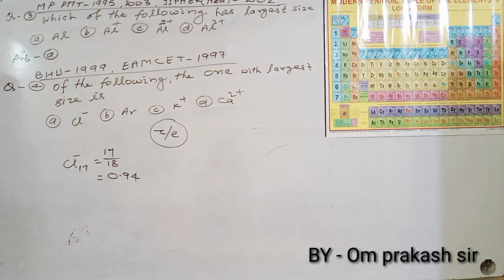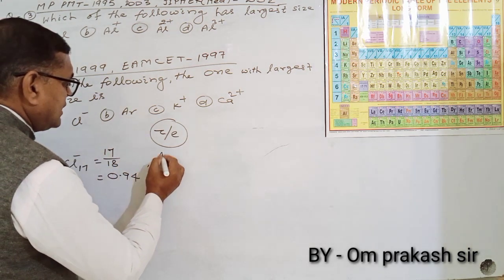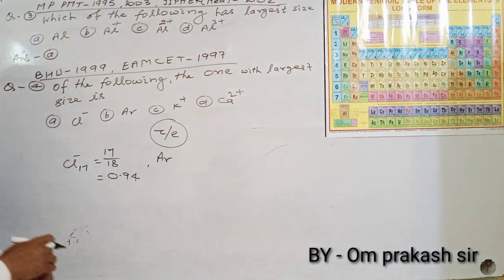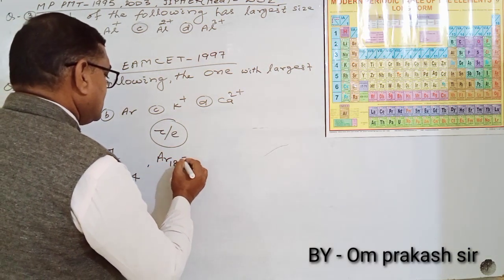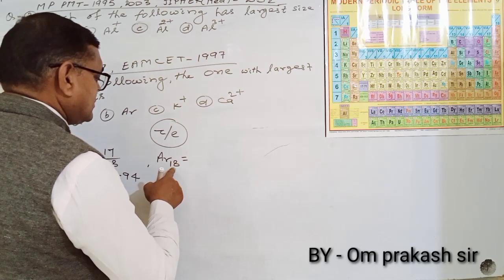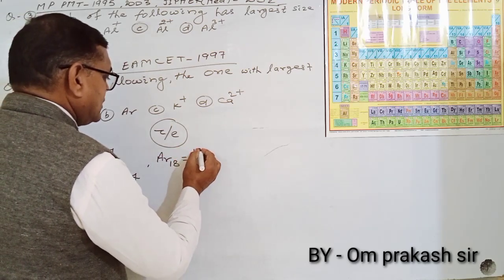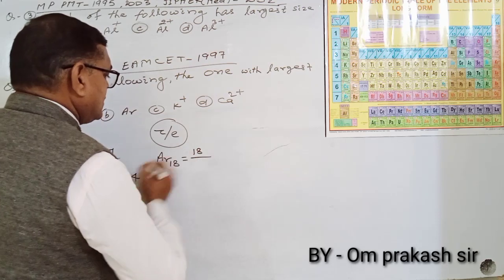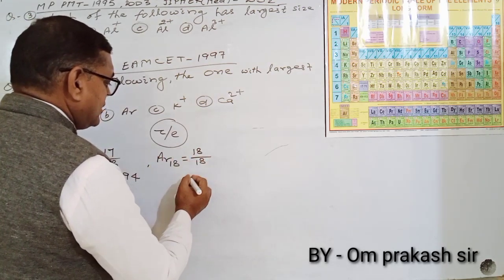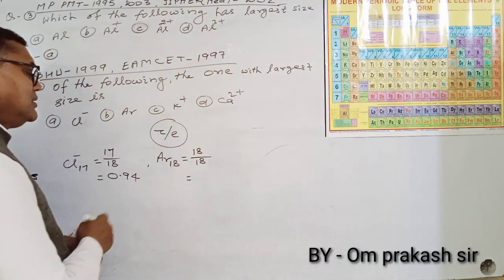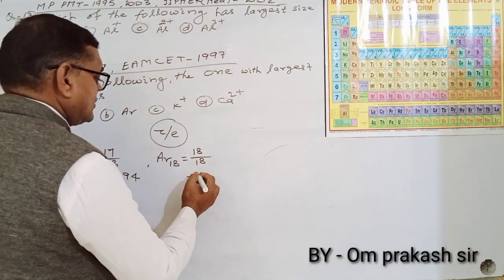This indicates the value of per electron effective nuclear charge. Now here we write argon. Atomic number of argon is 18. This value is Z and this value is E. We divide 18 by 18, we get 1.